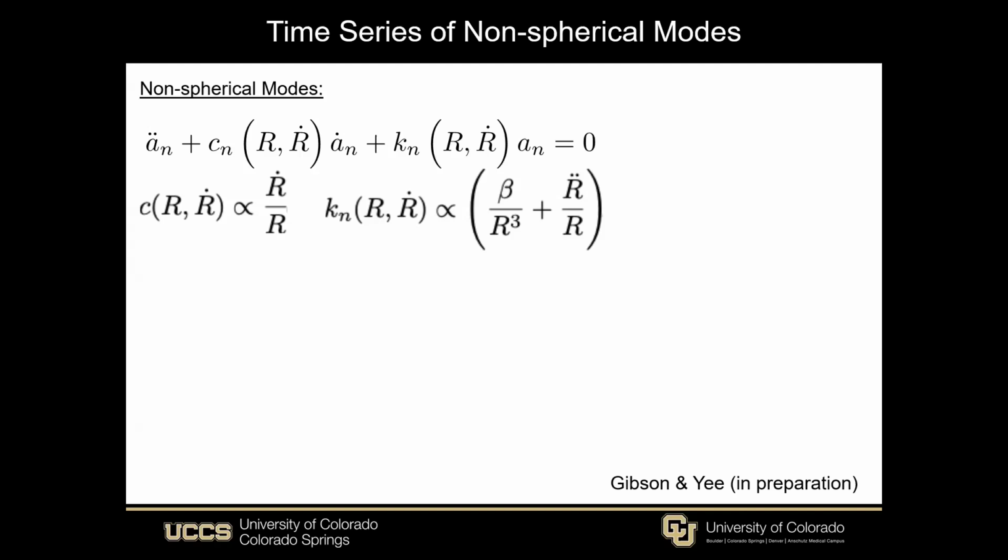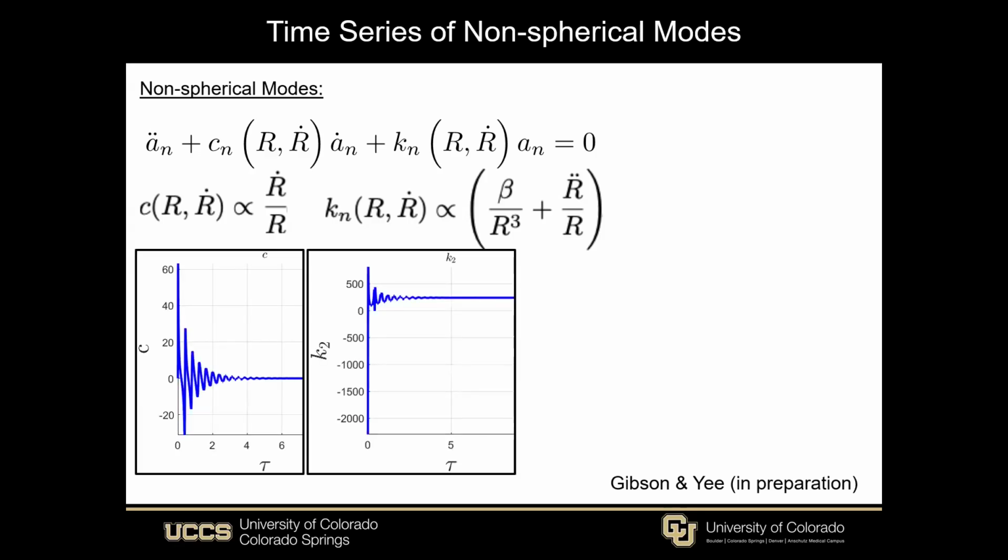But when the radial velocity is 0, so R dot is 0, you have 0 damping. So that means if your bubble is at equilibrium radius, your shape modes keep ringing, even though the radial mode is stationary. So it's really non-physical, but it is what it is. And it will affect our result a little bit. But I think if you add viscosity to your non-spherical modes, it will change that. But I don't know how much it will change it until we do it.